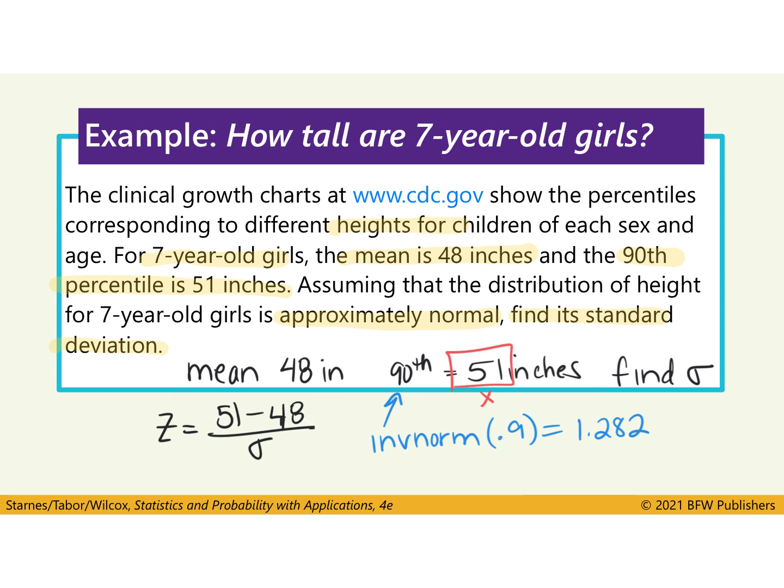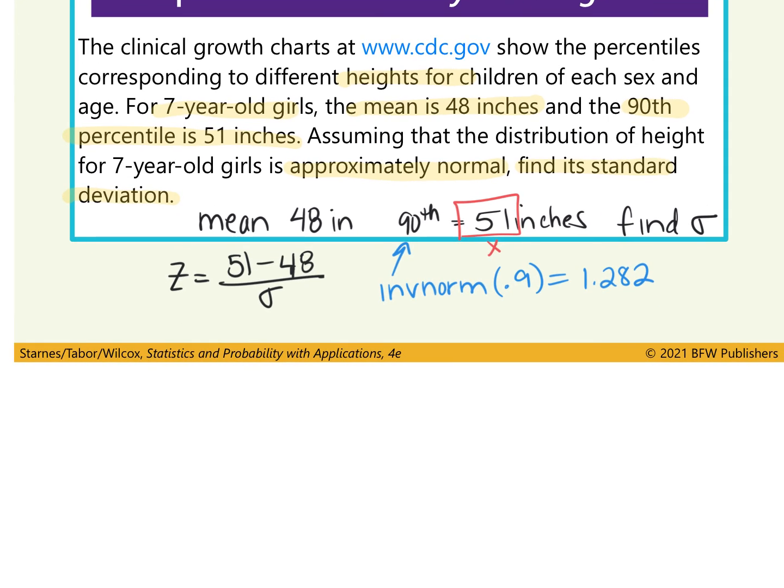I think we just did that 2 examples ago, right? 90th percentile. Equals 51 minus 48 over sigma. Would you still do 0.9? Yes, I would still do 0.9 because it says the 90th percentile.